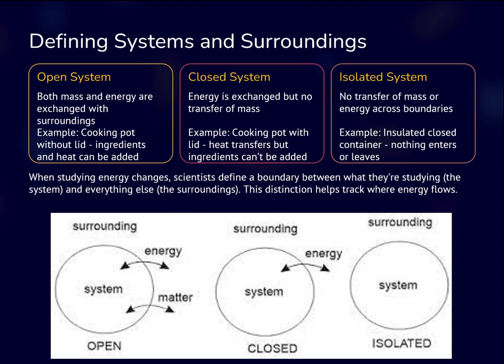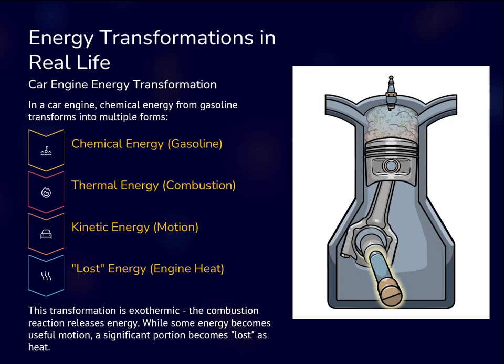In our fireworks example, the fireworks shell before ignition is a closed system, but once it explodes, it becomes open. For the ice cream example, if we seal the churn and insulate it well, it acts like a closed or semi-isolated system, preventing heat from leaking in and maximizing the freezing effect.